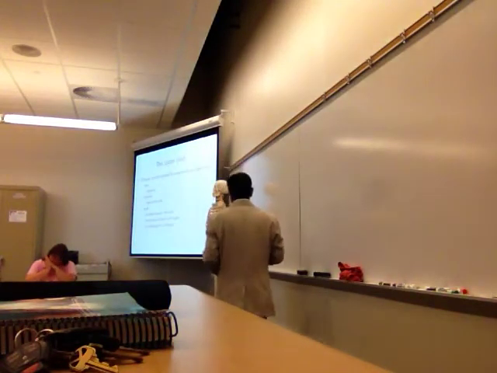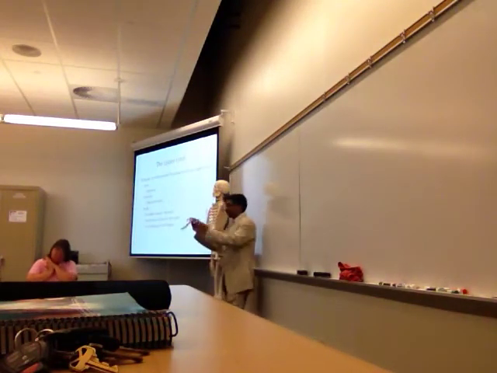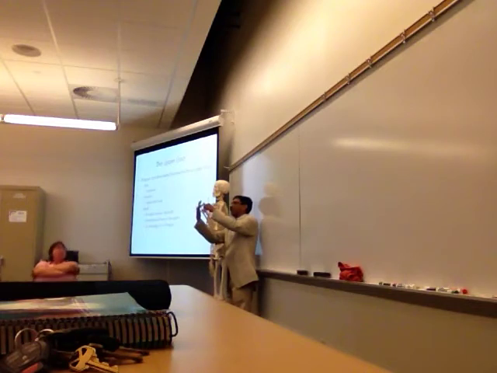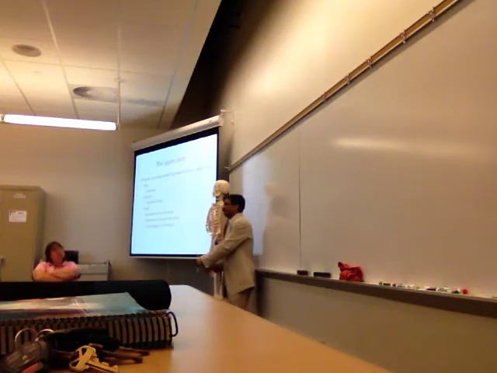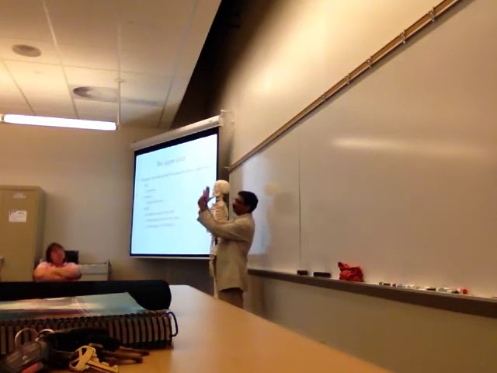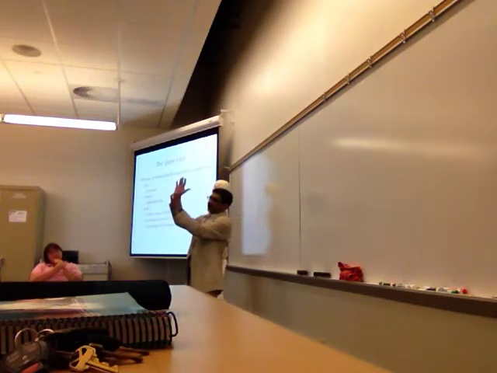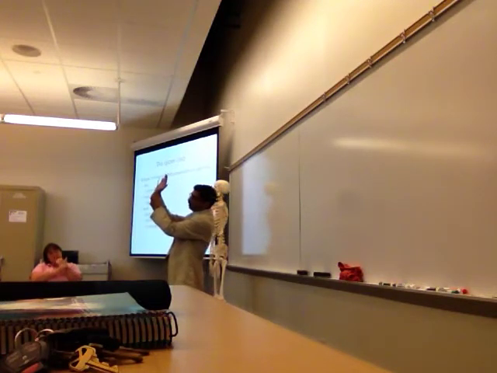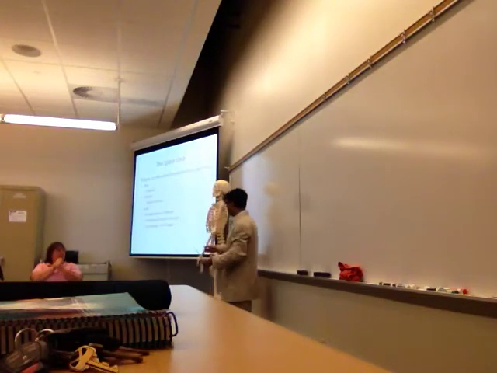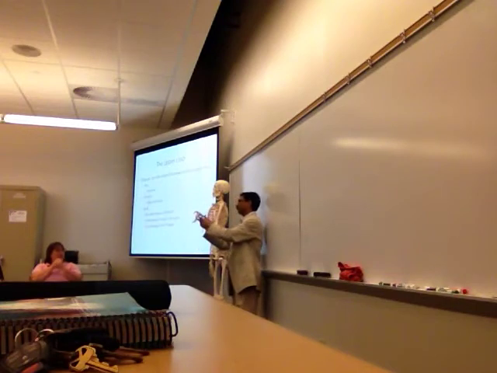Then, next to the carpal bones, you have the metacarpal bones. Metacarpal bones are in your palm. So carpal bones are in the wrist, metacarpal bones in the palm. You have 5 metacarpal bones here.